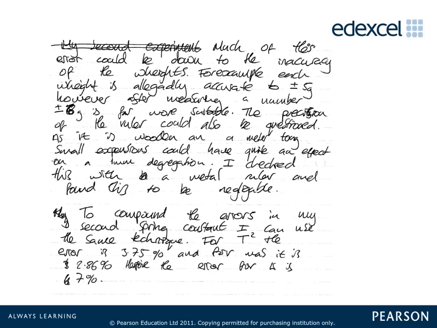The errors in both variables are discussed for A12, and percentage uncertainties are calculated, but the compounding of uncertainties is based really on one reading, and so A14 is not awarded, but A12 and A13 both are.